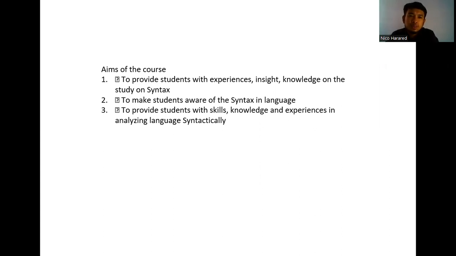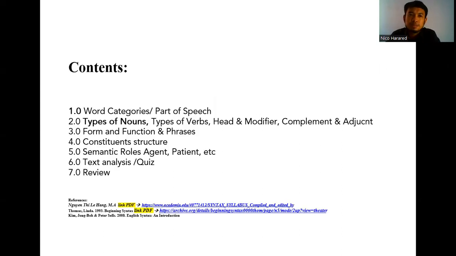The aim of the course is to provide the students with experiences, insight, and knowledge on the study of syntax, and also to make students aware of syntax in language, and to provide students with skills, knowledge, and experiences in analyzing language syntactically. So this is the content for our material.